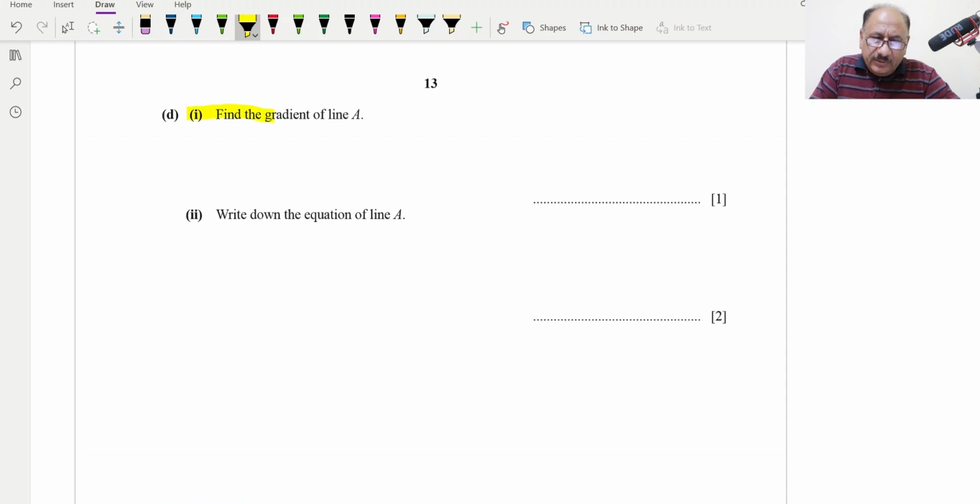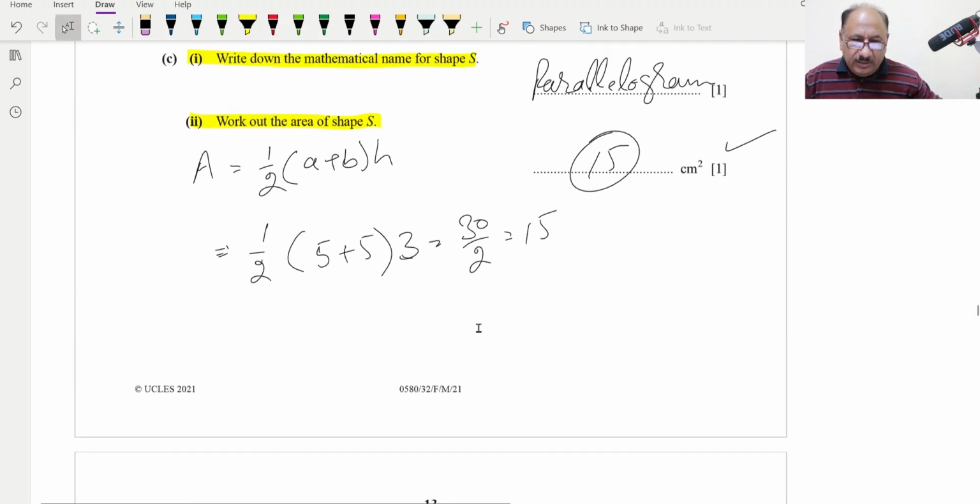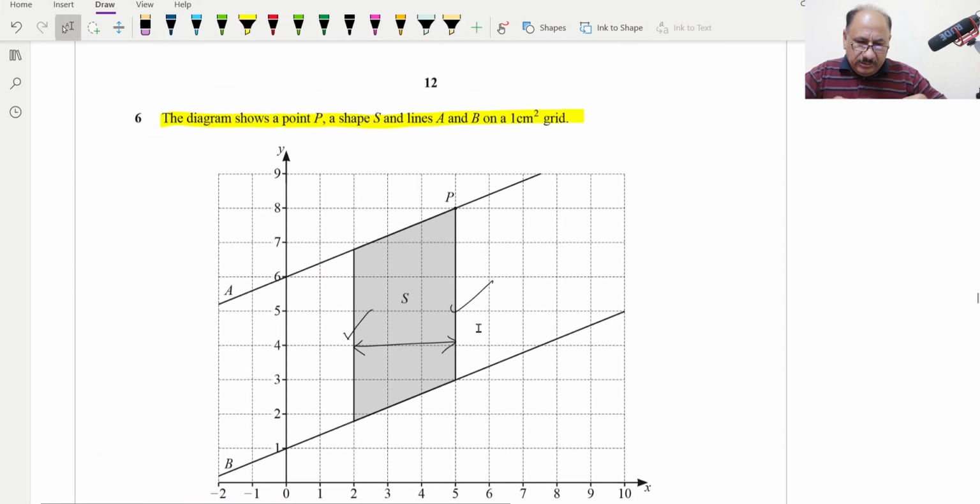D part 1, find the gradient of the line A. So gradient we need to find for line A. We will be checking line A is this one. So what we can do, we can take the triangle, and triangle we will be drawing over here, this one and this one, and we can shade the triangle, like for example we'll be basically taking this triangle, and this will be the triangle rise over run.